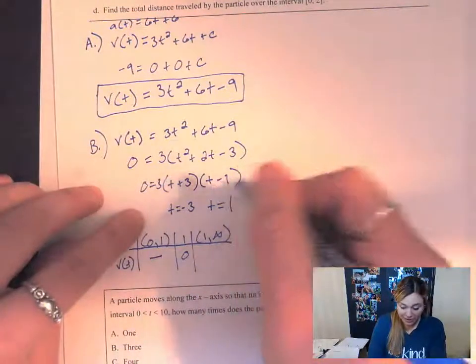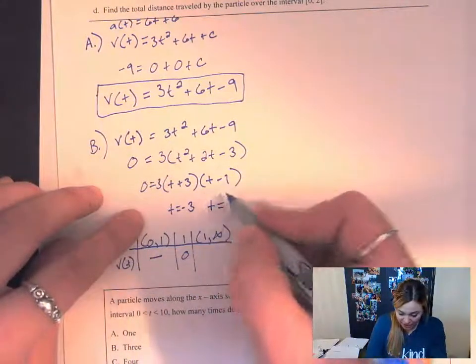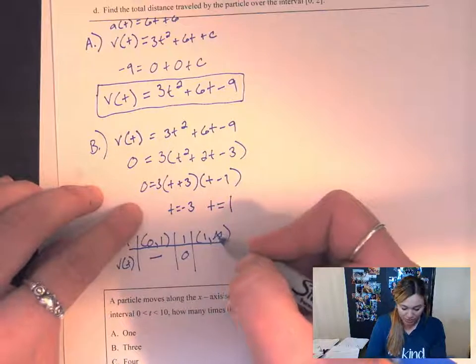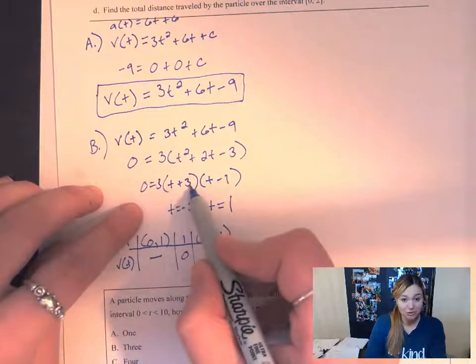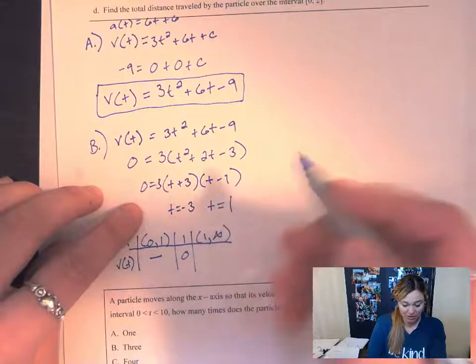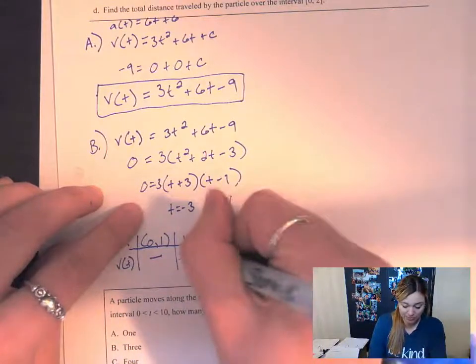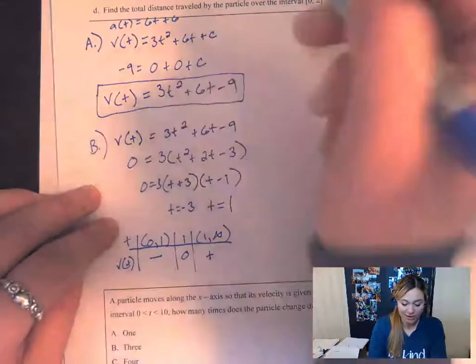From 1 to infinity, let's pick my favorite number, 212. 212 plus 3 is positive. 212 minus 1 is still positive. Positive, positive, positive is positive. Now I can answer my question.